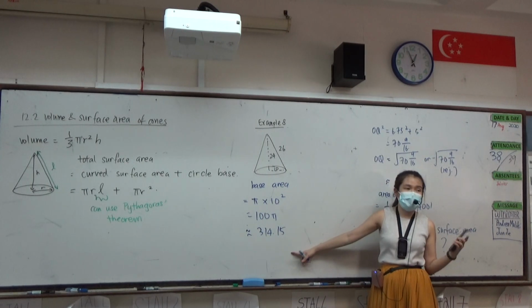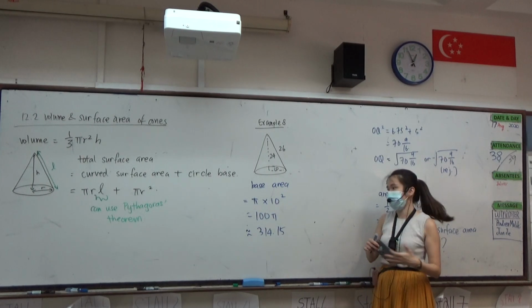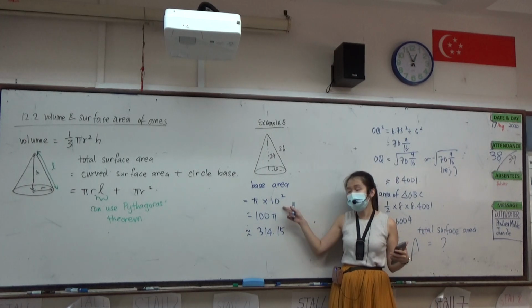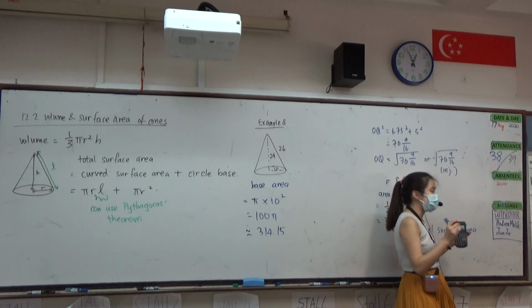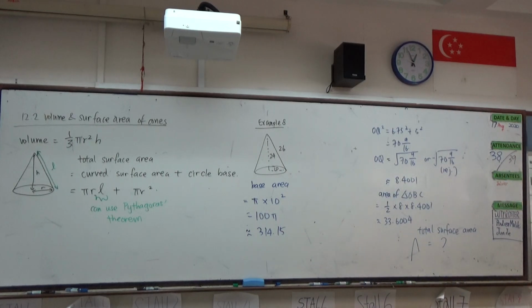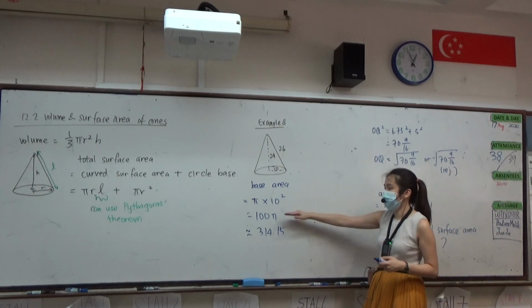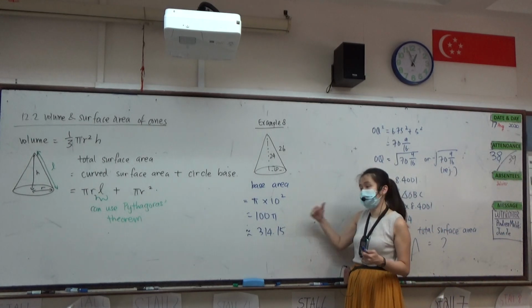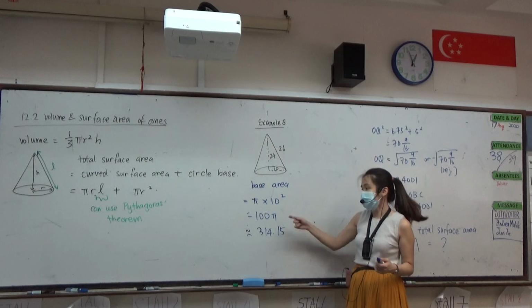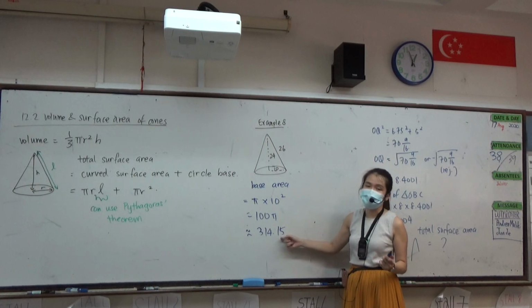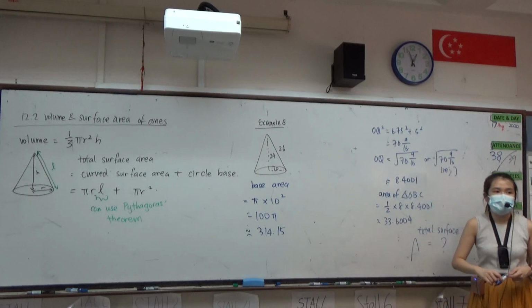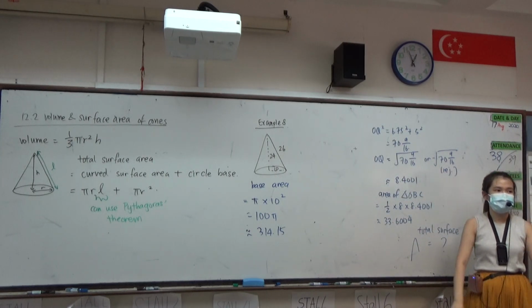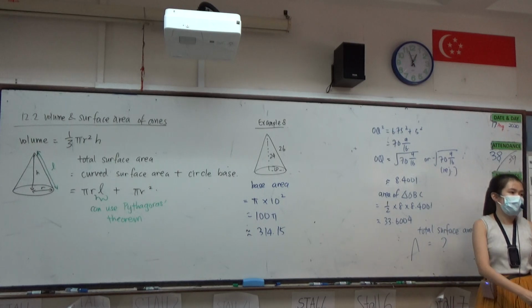Otherwise, a more accurate answer will be, you count the numbers first. 10 squared is 100. Pi, you leave it. So you leave the answer in terms of pi, because this is not yet our final answer. We need to use a fairly accurate value for my later calculation. Use either 100 pi or the truncated 5 SF. Now that I find the base area already, what must I find next? Xavier, what do I find next?